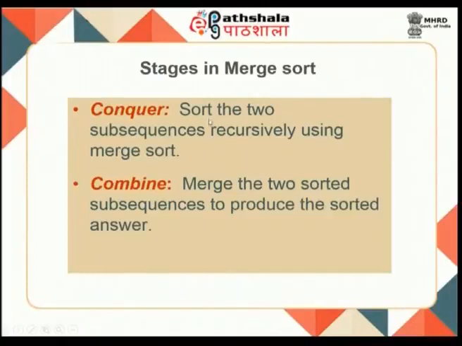In other words, we are trying to sort the two subsequences recursively using the Mergesort, and once the subsequences are sorted, then we are trying to combine all the things to get the global sorted list. So this is what we are doing as part of the Mergesort.